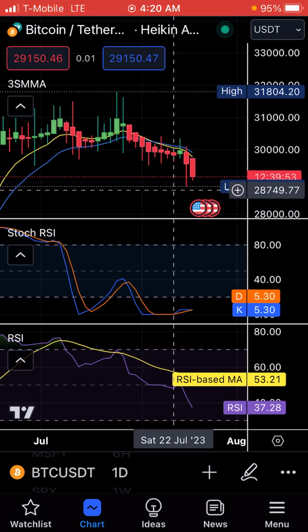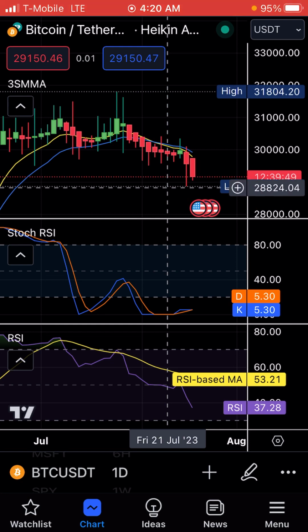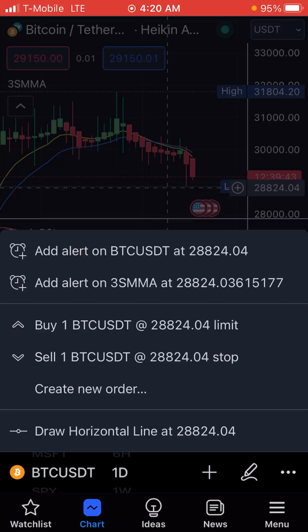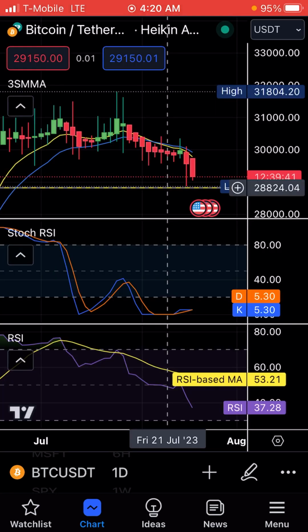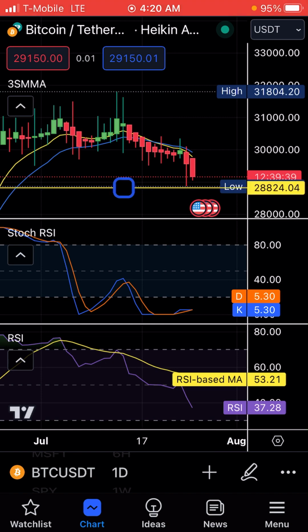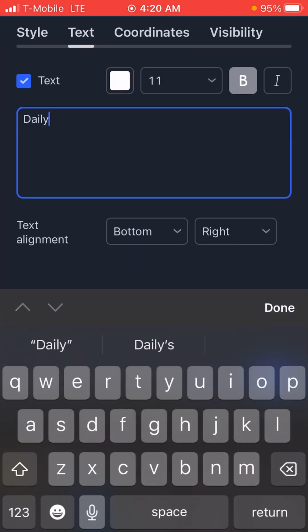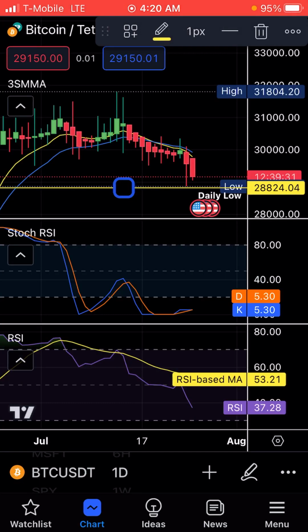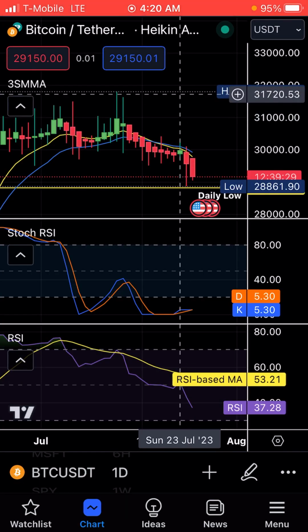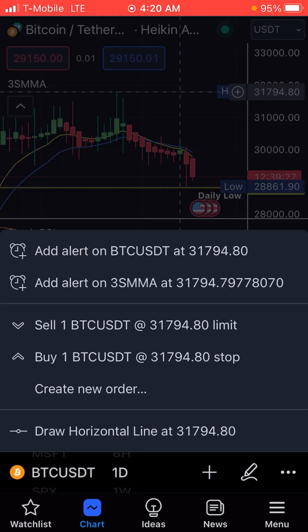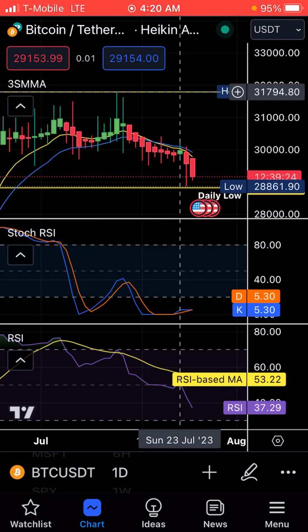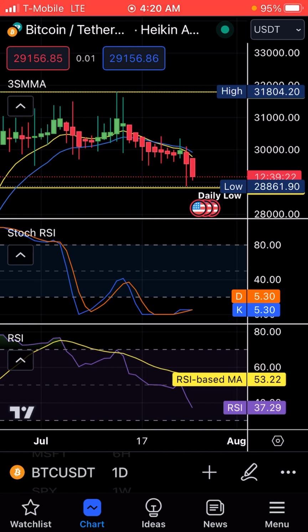You want to draw a line on the daily where the high and low are for the day, and put your note here. This is the daily low, and this up here is the daily high. This is for Bitcoin, but you can use it for anything: Forex, futures.